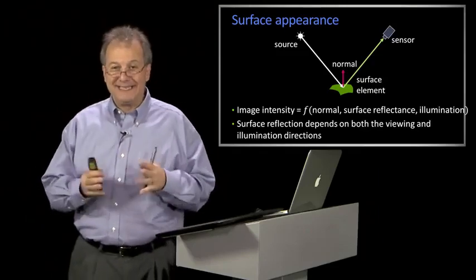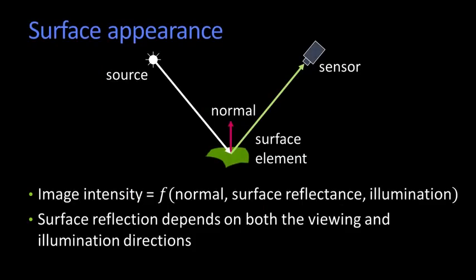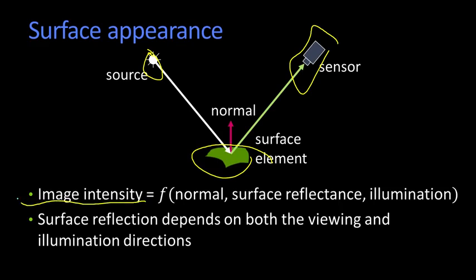So what we're going to talk about today is essentially the surface appearance of objects. What we mean by that is, if I've got some surface element and it's being illuminated by a source, what is it that the sensor is going to see? The idea is that the image intensity is going to be a function of a couple of things. One is the local shape, and we can think of the shape as just being the surface normal of a little patch.